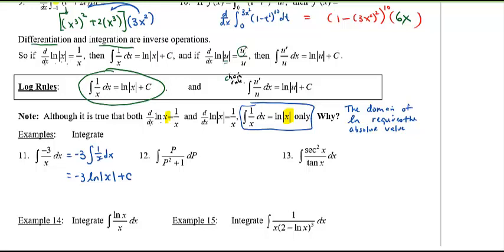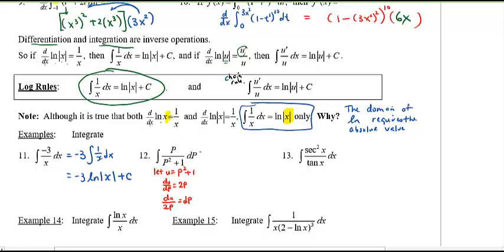True, true, true. But if you actually did some U-Substitution, or the reverse chain rule method, I don't know which one you like, but I'm just going to use U-Substitution here. And I'm going to solve for dp. So du divided by 2p is dp.